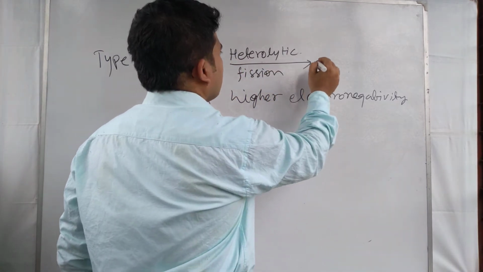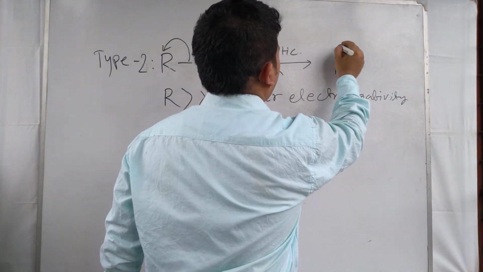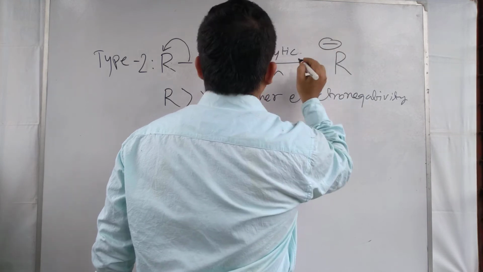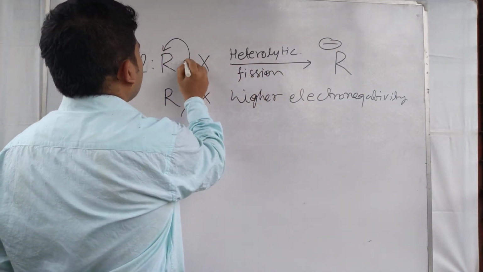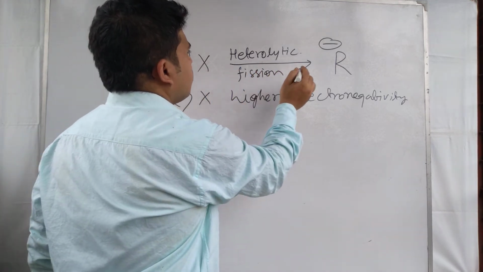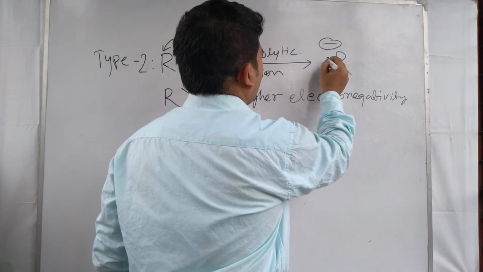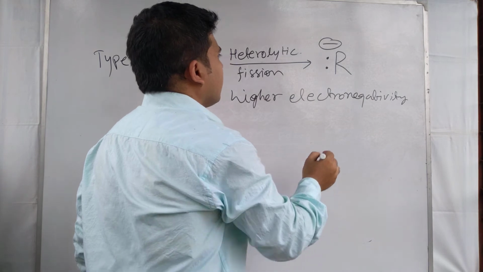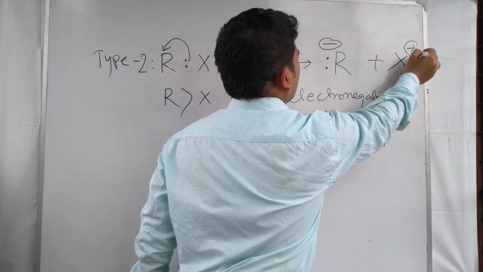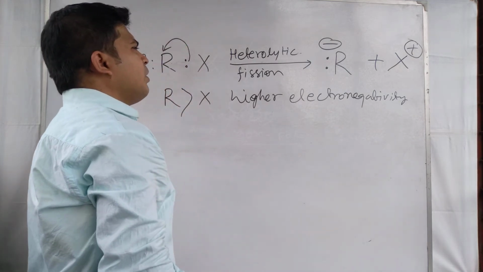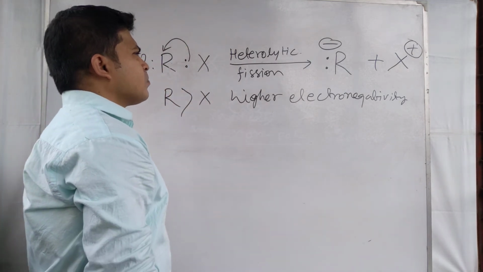Here R is acquiring 2 electrons, one bond means 2 electrons. These 2 electrons are totally acquired by R and X becomes plus by losing its 1 electron.